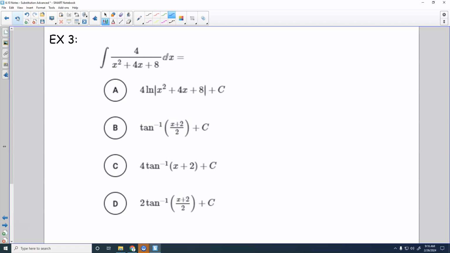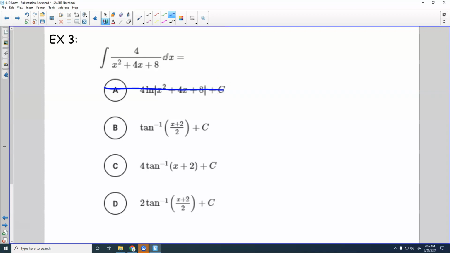This one initially looks to me like a u du. But if you use x squared plus 4x plus 8 as your u, then your du is 2x plus 4. And can you just add in a 2x up here? You cannot. So answer A should be out. That is not going to be an option.